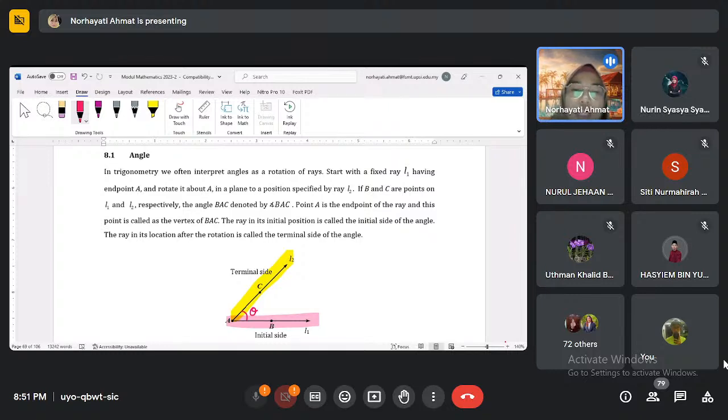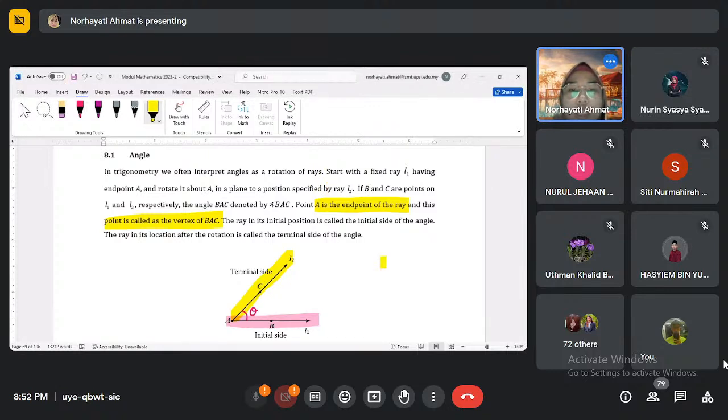So to label the angle, we can say theta as angle BAC. Point A is the endpoint of the ray, and this point is also called the vertex of the shape BAC.